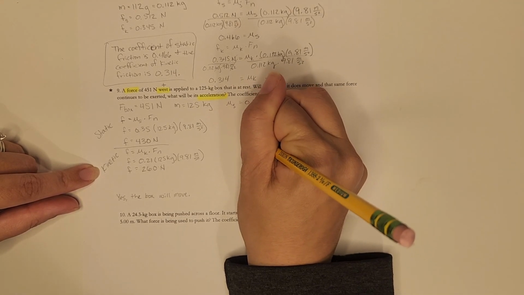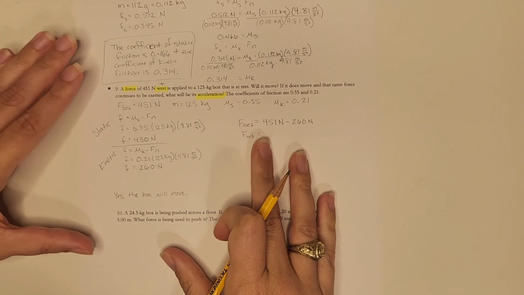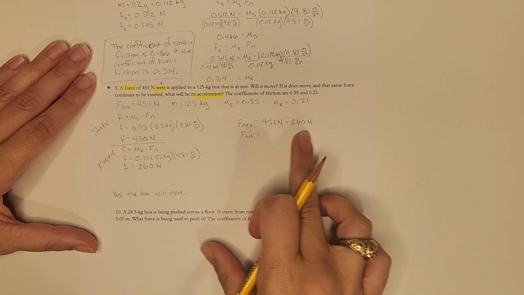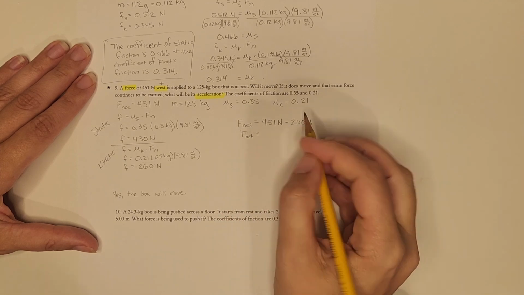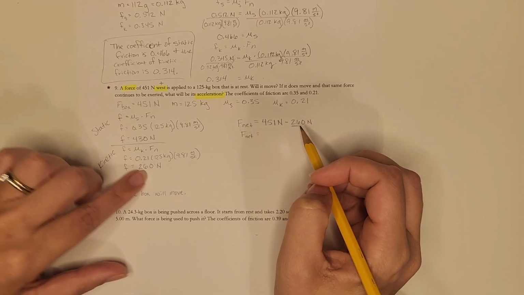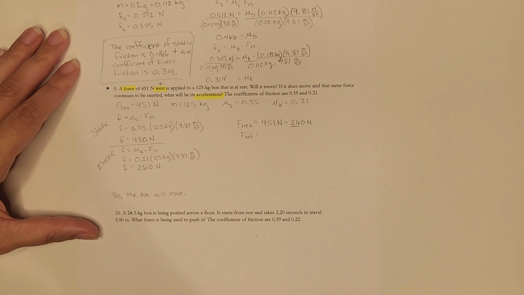With that, you would get 191, but we need significant figures to the least precise digit. Remember this 260 newtons was just two significant figures.